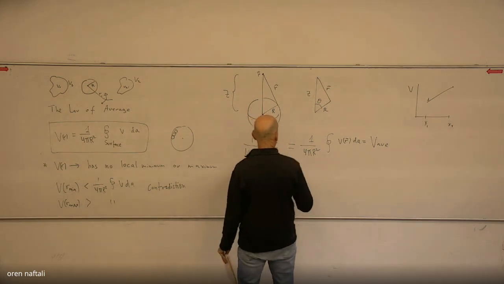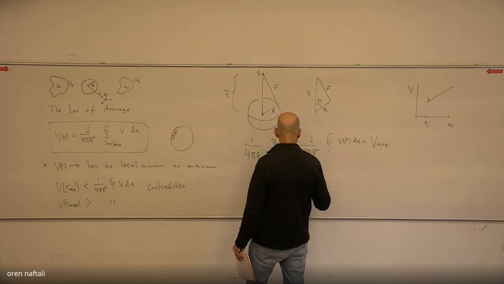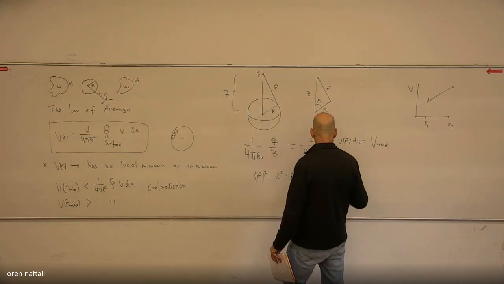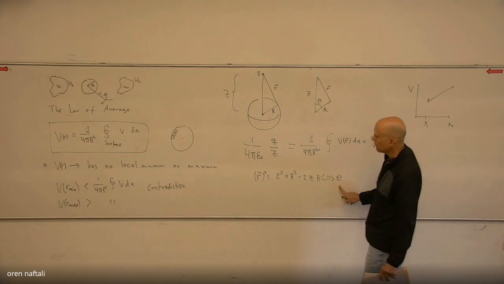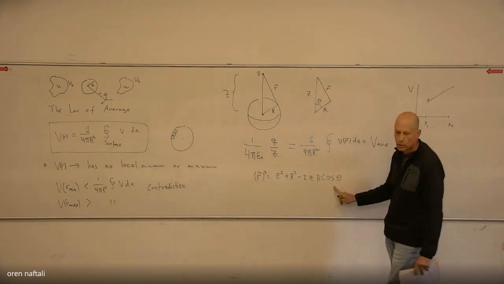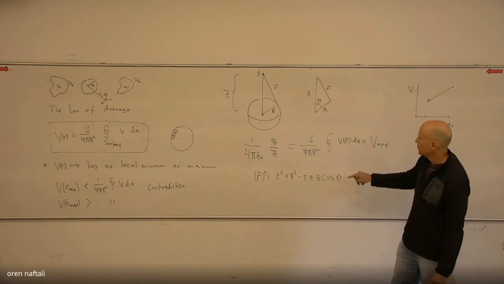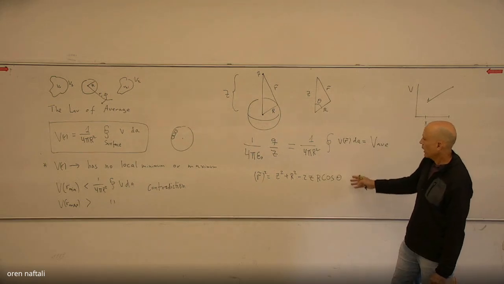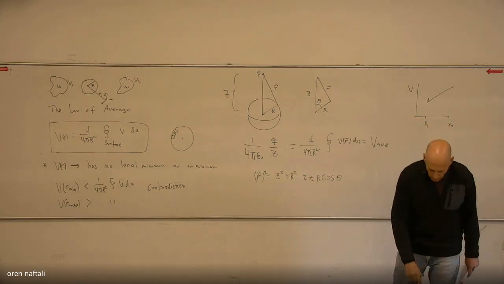It's like Pythagoras, more or less. The advantage is that we are going to integrate dA over this cosine theta. This is where we are heading. We will express dA in terms of the radius and the theta angle, and now we are using convenient coordinates.